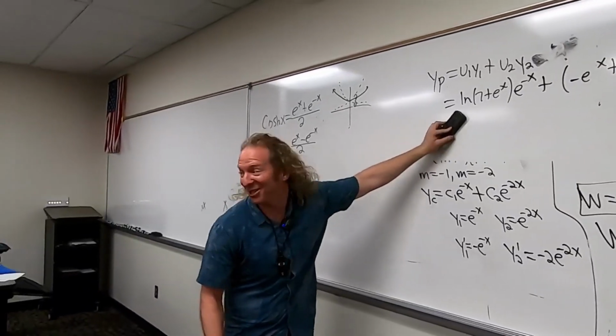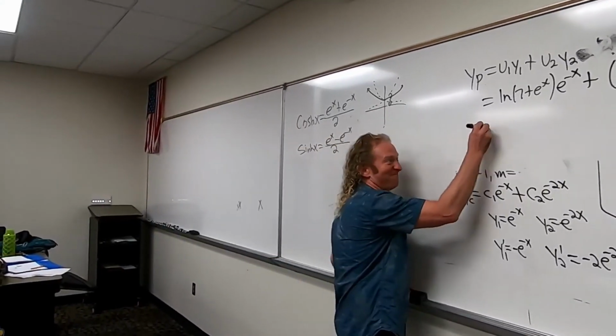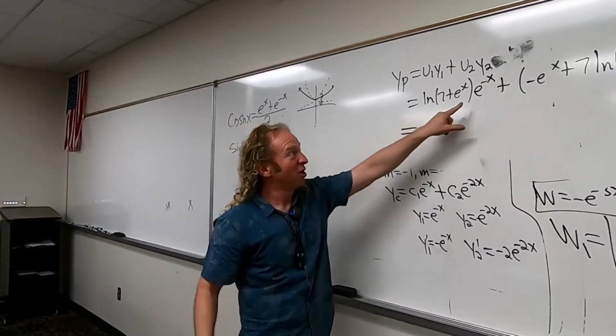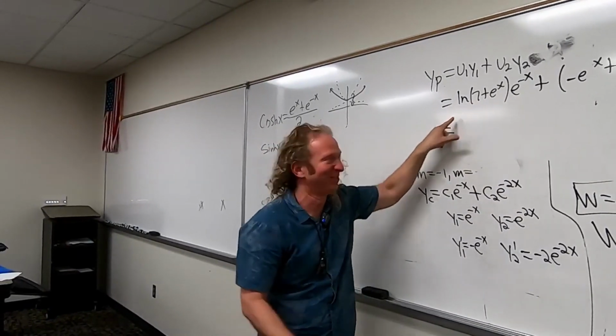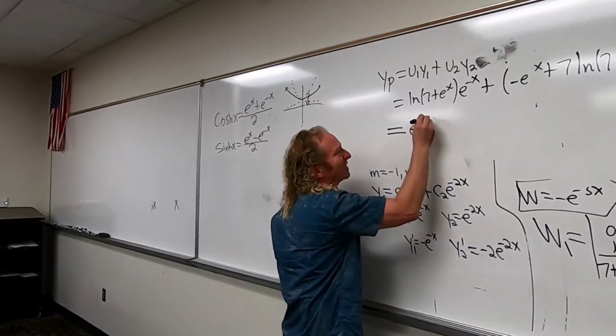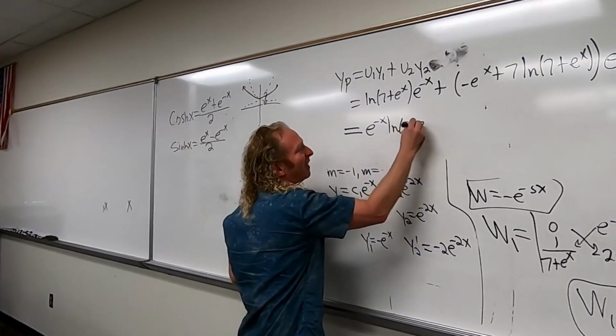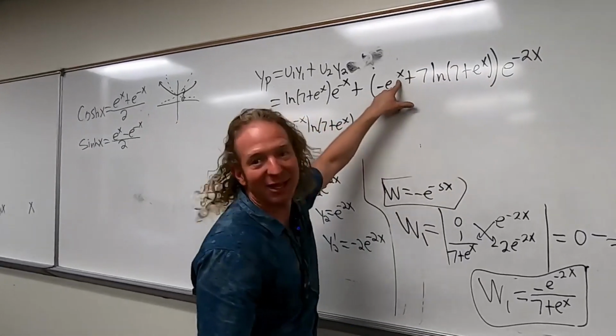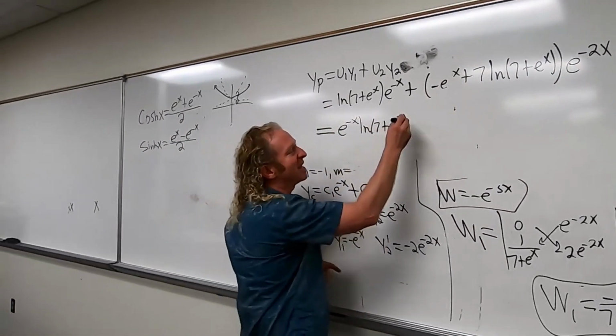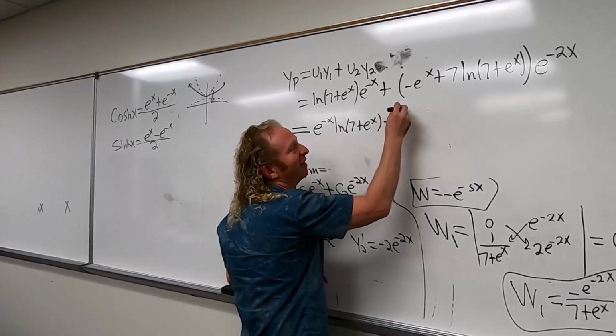All right, let's distribute. You can't distribute that, right? So I'm just going to put that in the front, okay? So, wow. This times this, so you're going to add the exponents here. So it'll be negative, oh, here it is, e to the what?